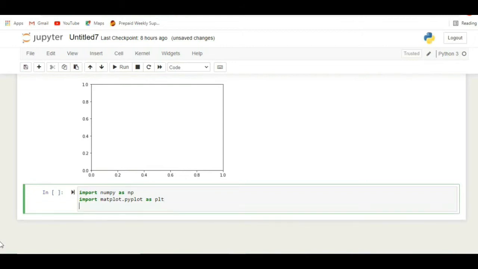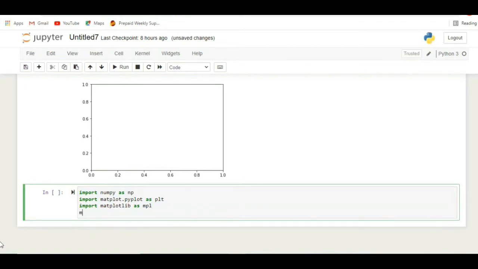One thing I would like to explain: if you have already written these things before, there is no need to write import numpy as np in each code. But I am writing it here because I want to explain each and everything clearly, how the code will work.